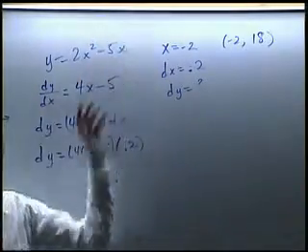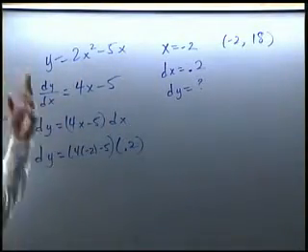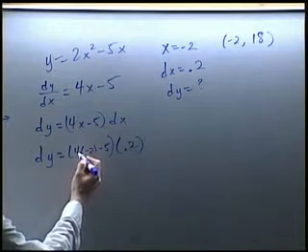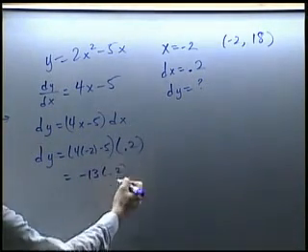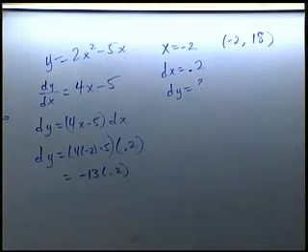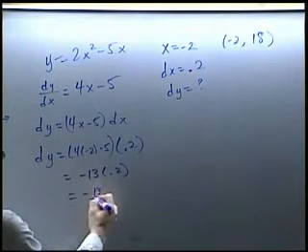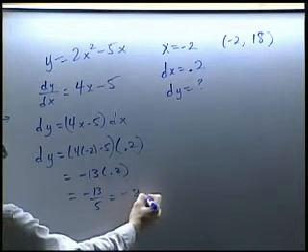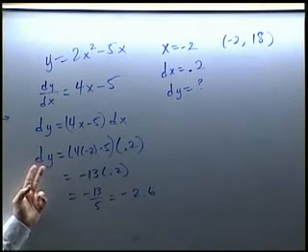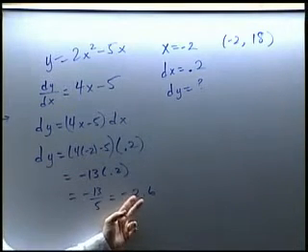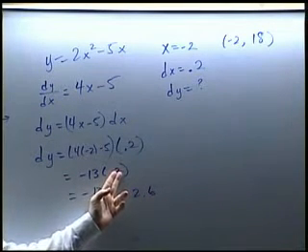Now I just do my calculation. This is negative 8 minus 5, so that's negative 13 times 0.2, which is the same thing as dividing by 5. Negative 13 divided by 5 is negative 2.6. So this is telling me how much the y coordinate needs to change if I let the x coordinate change by 0.2.